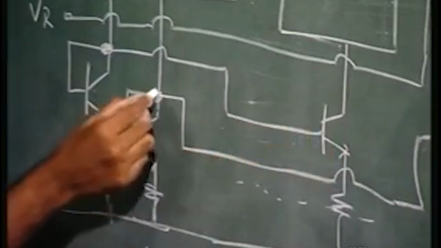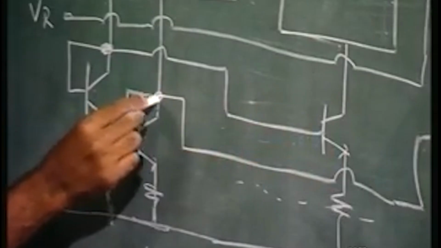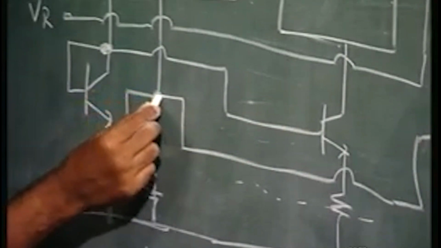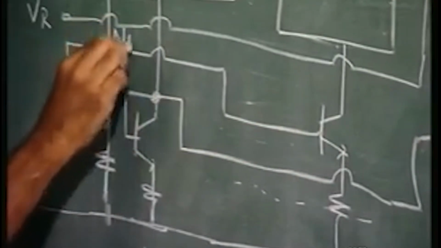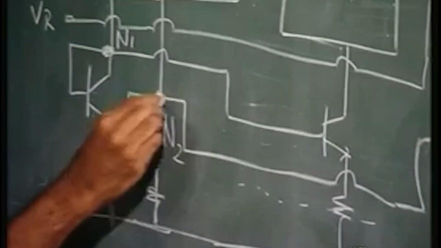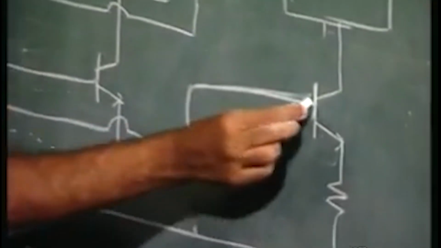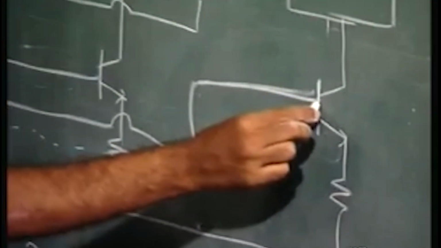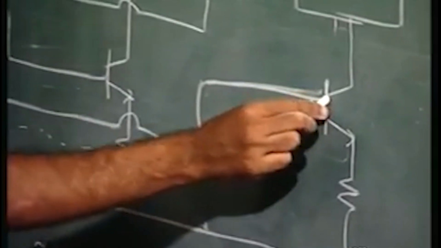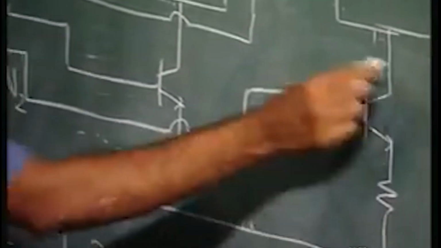Whereas if the voltage at node N2, with this node called N1, is high, then the base voltage of the transistor to which it is connected is going to be high, and this is going to be turned on.